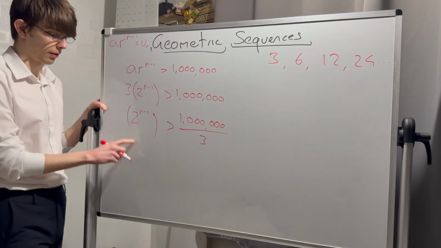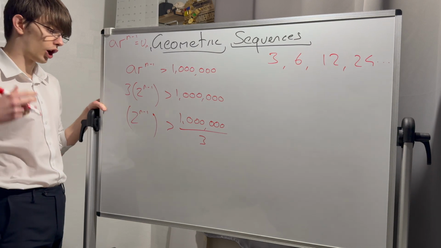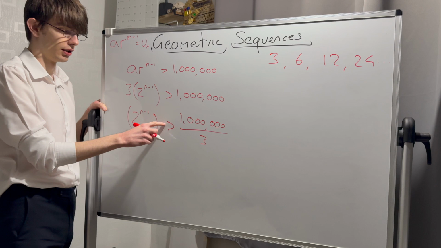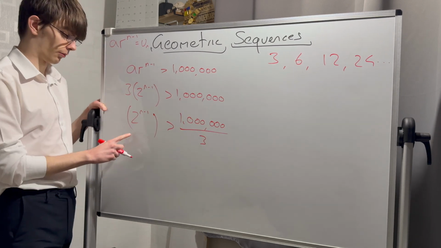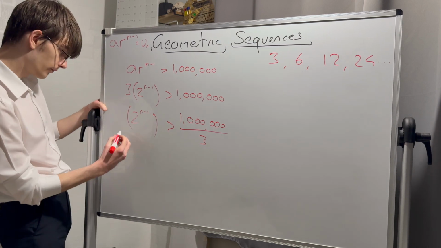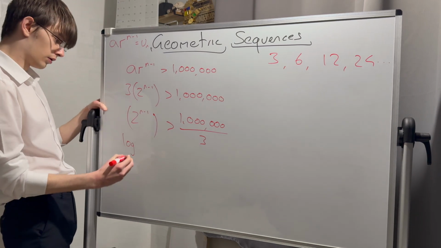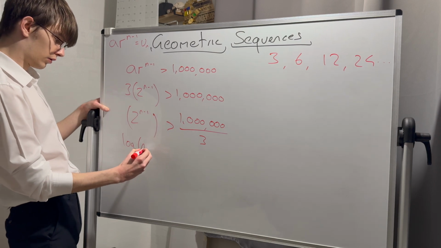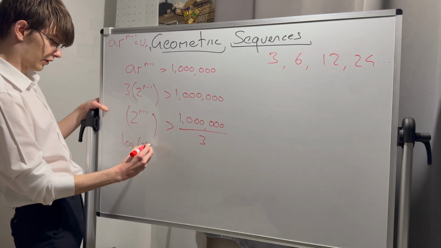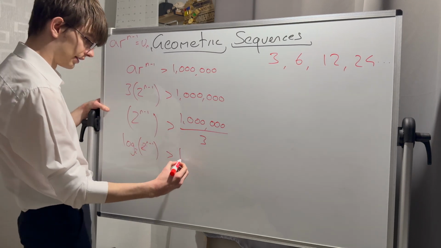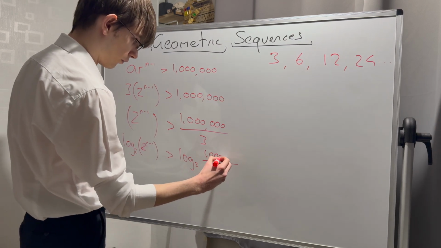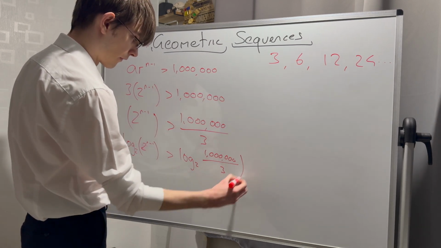And now, what am I going to have to do to both sides? Well, I want to take log base 2, right? 2 to the power of something is greater than something else. So I'm going to want to take logs base 2 of both sides to pull this power out. Log base 2 of 2 to the n minus 1 is greater than log base 2 of 1 million over 3.